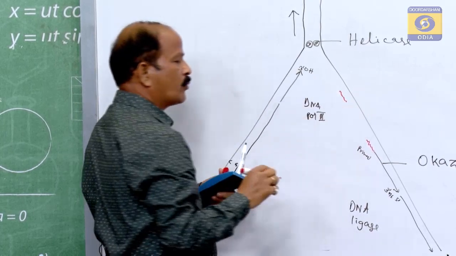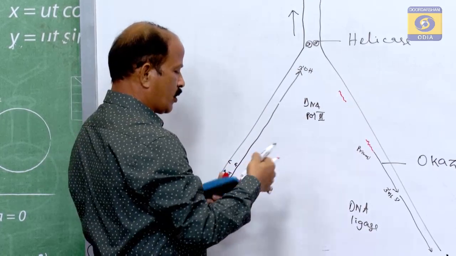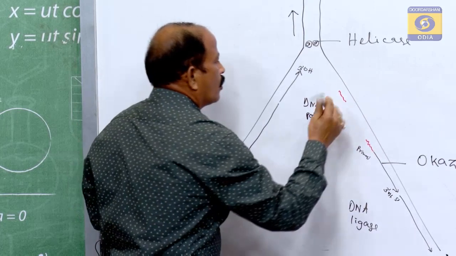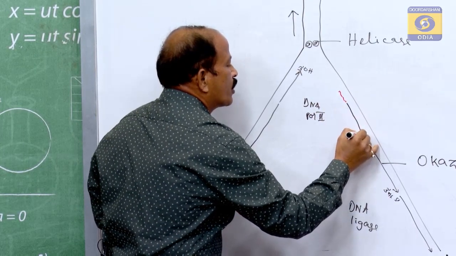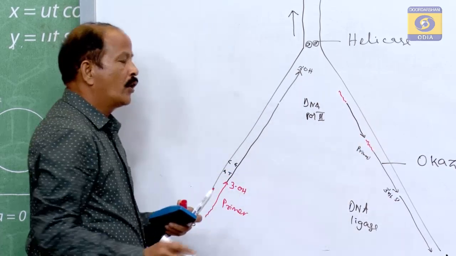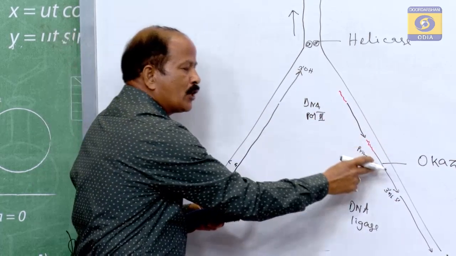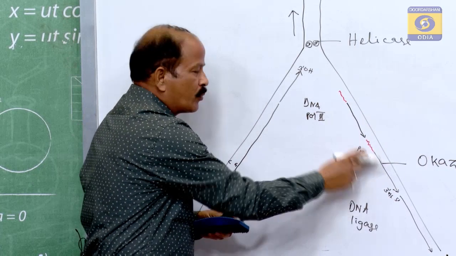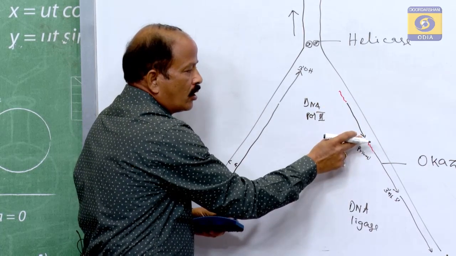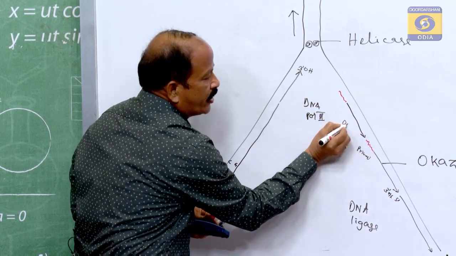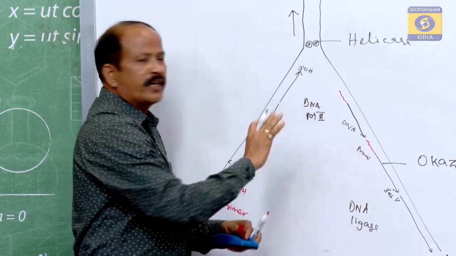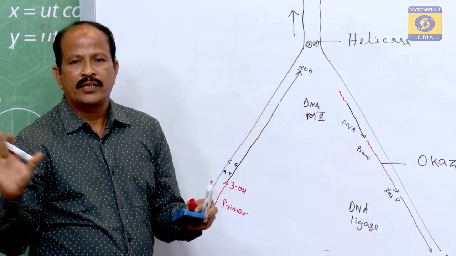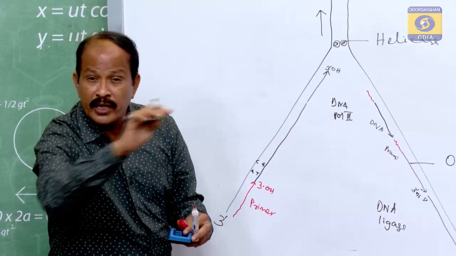Here this is the primer, and from that primer DNA polymerase 3 elongates up to this point. Now, can this segment be joined to this segment? This segment has DNA here, and this is RNA, this is DNA. It cannot be patchy with DNA and RNA, it must be a DNA strand.